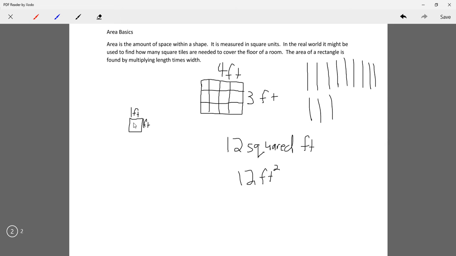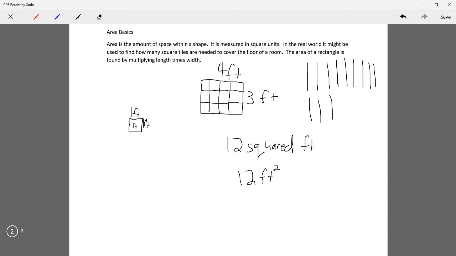And it's literally the area of all of the rooms just added up. That's what the square footage of the house is, and that shows you how big the house is, basically. So area is important for things like that.